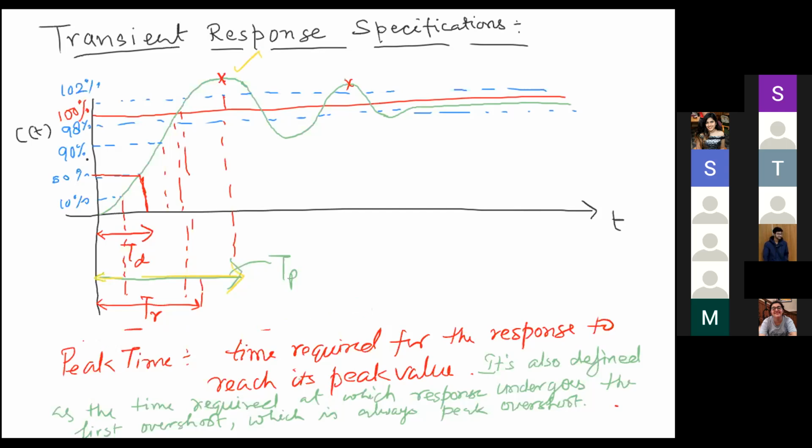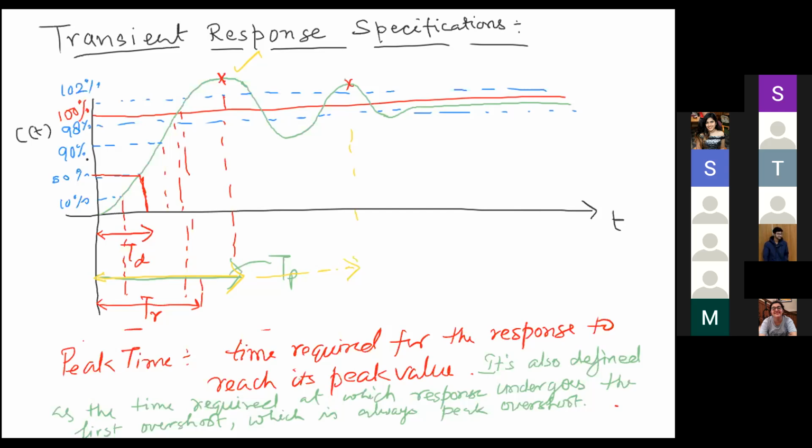But in some question, if I mention that you have to calculate a second overshoot time, then you have to mention this time. How we are going to calculate the second overshoot time, we will discuss later on. But in general, the peak time corresponds to the first overshoot.